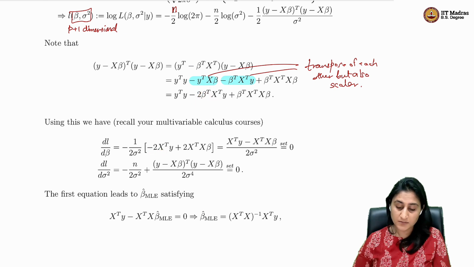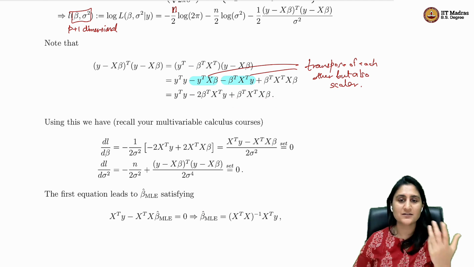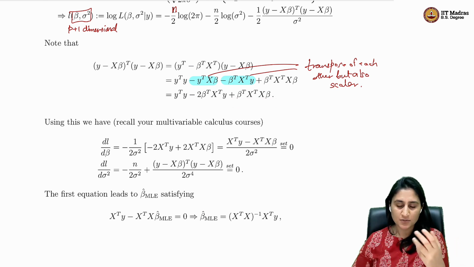Okay. This one also has beta transpose beta, so this is like a beta squared term, right? So because it's like a beta squared term, I'll get 2 beta left over, and that's exactly what I have. I have 2, but then x transpose x beta. So I have a 2 beta term left over because of that.